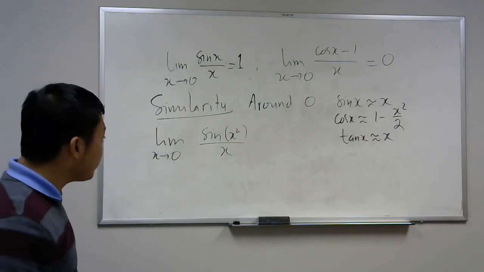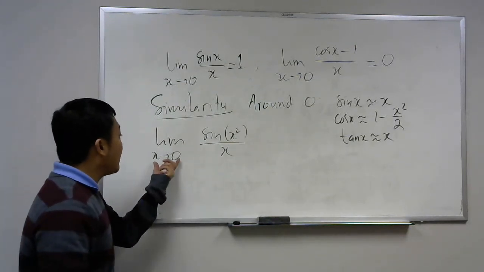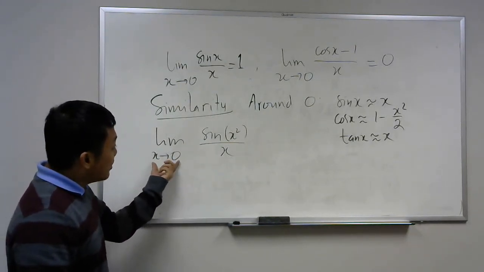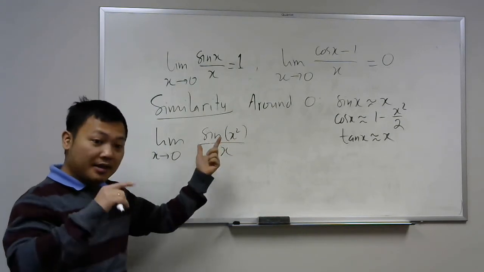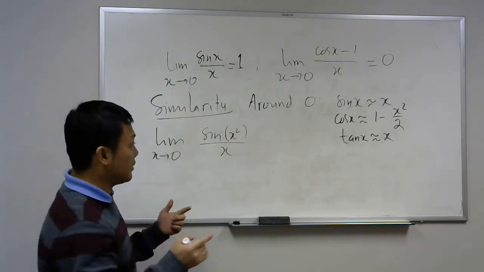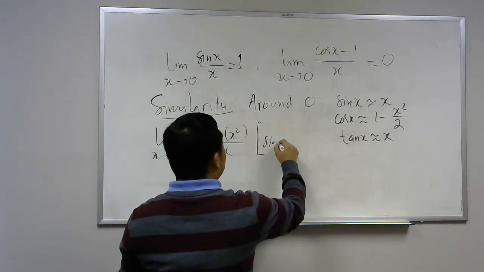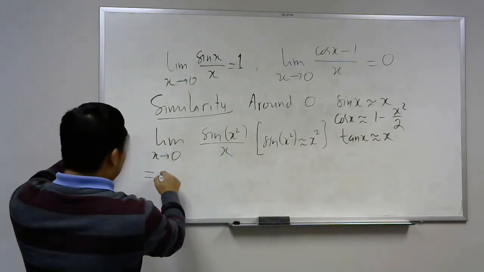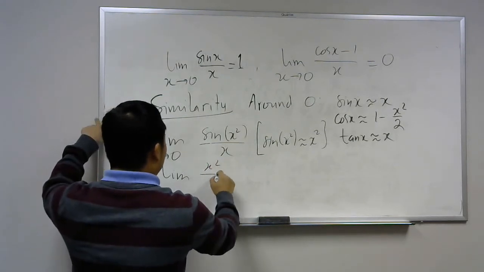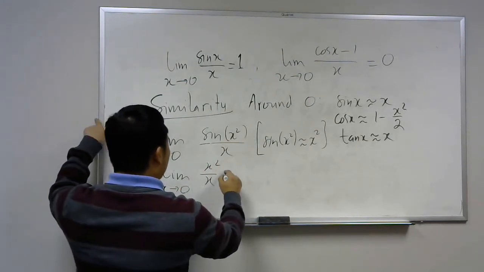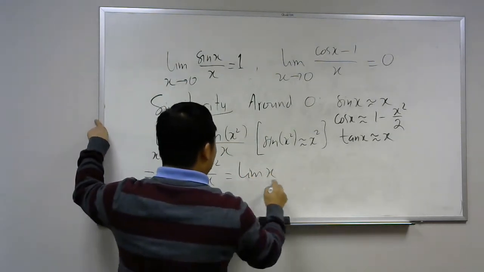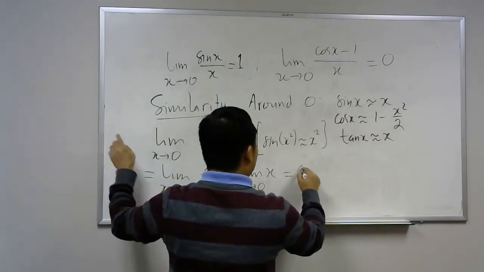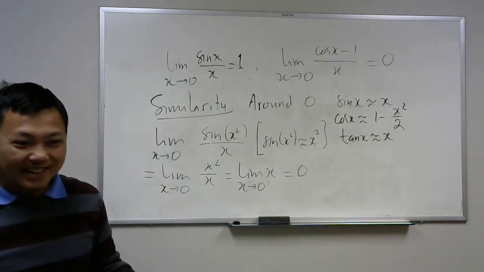It's a simple one. So again, when x approaches 0, sine of x squared is similar to x squared. So I write here sine of x squared similar to x squared. That means this limit is equal to limit of x squared over x when x goes to 0, which is limit of x when x goes to 0, which is 0. So it's simple.